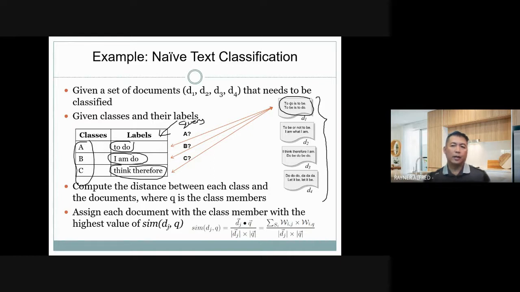If document one is more similar to this, then we will assign class A to this document. This just gives you an idea. We can also perform naive text classification by looking at the label and the content of the document.